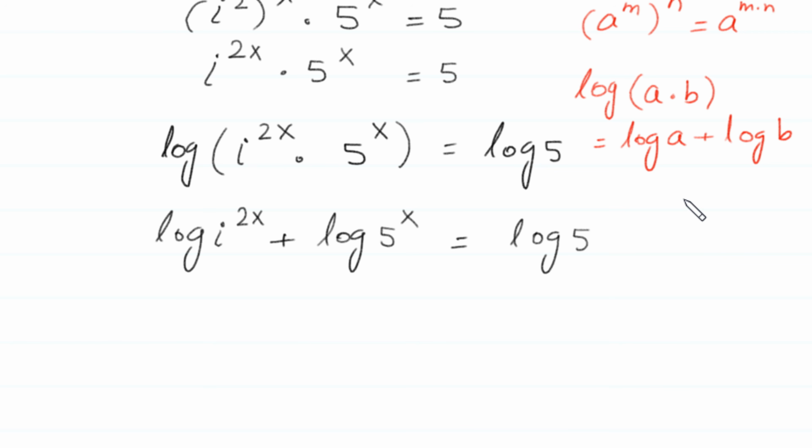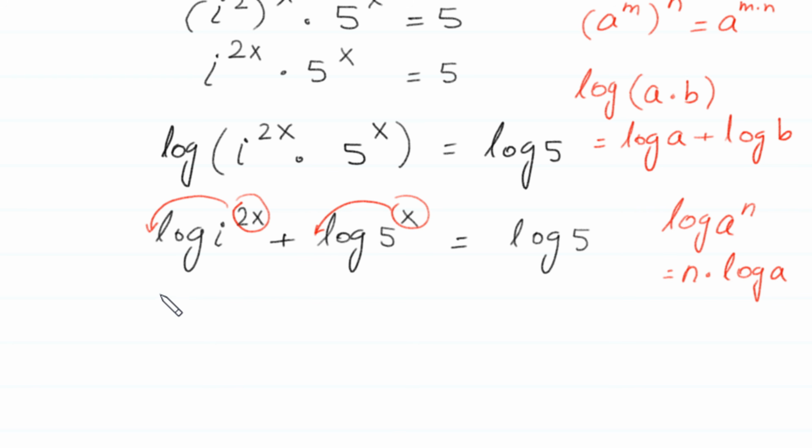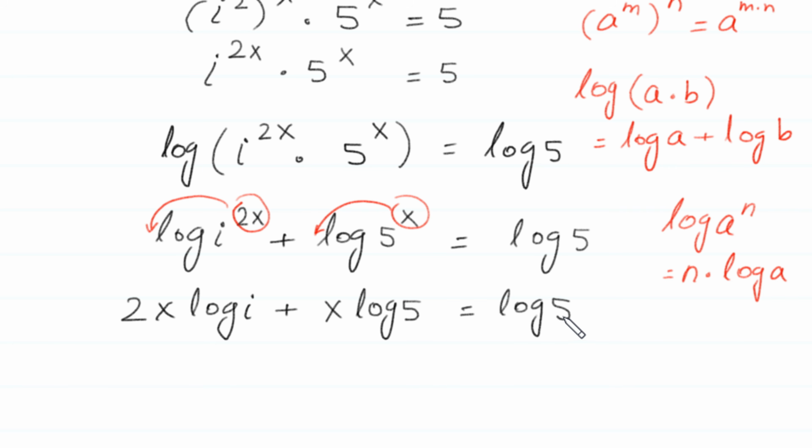According to log property, log of a to the power n is equal to n times log of a. This power 2x will come here and this power x will come here. 2x times log of i plus x times log of 5 is equal to log of 5.